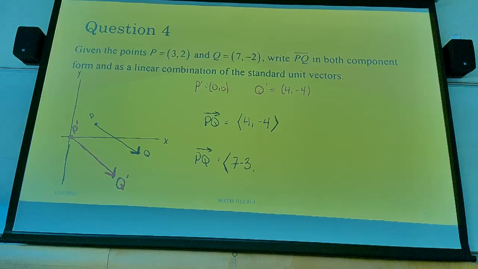And that negative 4, minus 2. P minus Q, or Q minus P, Q minus P. That's how you get into component form. But graphically, that is what's actually happening.